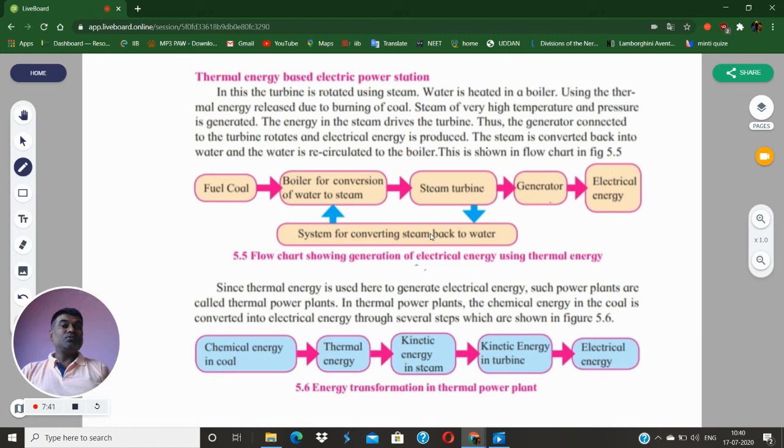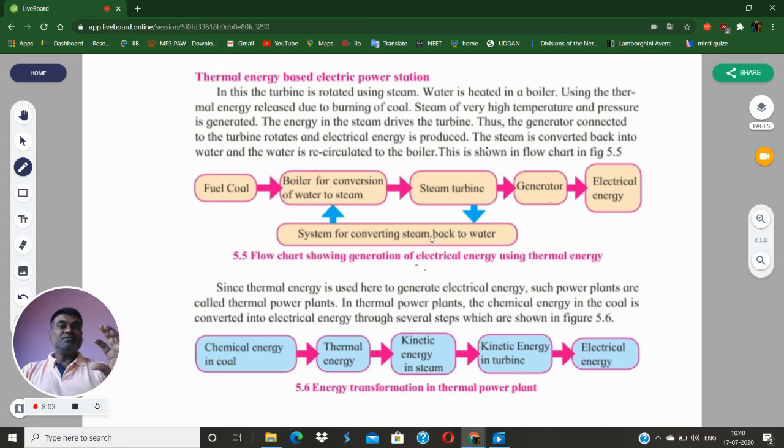Due to that, we drive the generators. It is the cause of rotating the generator. It is a resource of energy, and turbines are specially constructed for it.